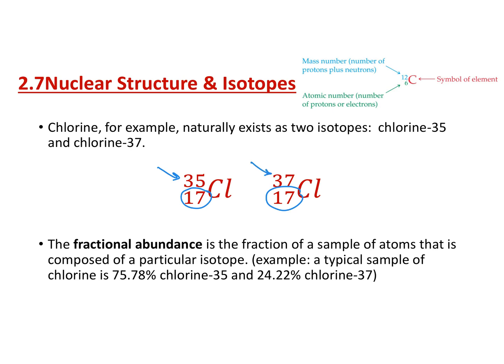So where that difference comes in is the number of neutrons. We could see that we have approximately 18 neutrons here, whereas we have 20 neutrons in this isotope, just based on the difference in the mass numbers.